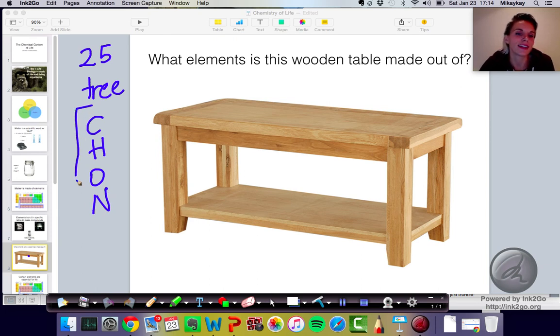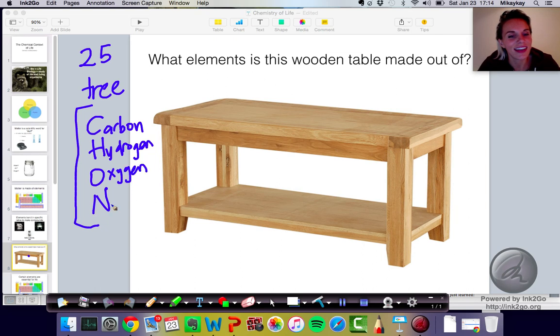CHON, as I like to remember them. It's not a word, as far as I know, maybe in another language, but I just remember the word CHON, and it helps me remember that it's carbon, hydrogen, oxygen, and nitrogen.